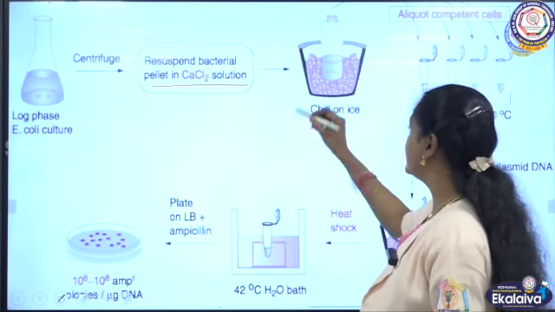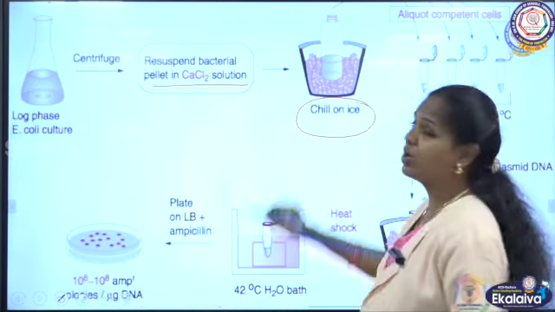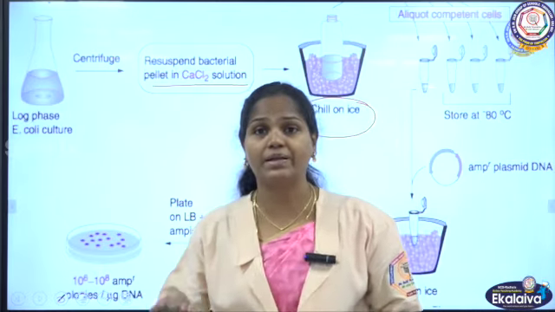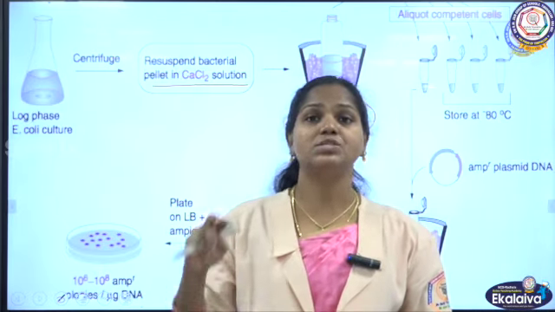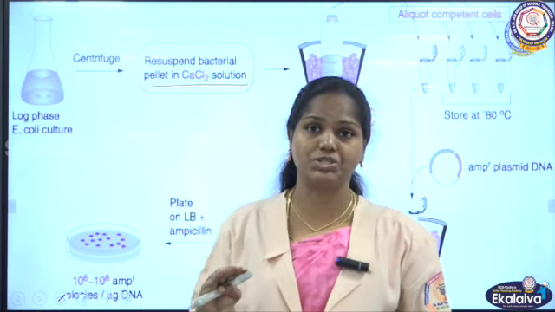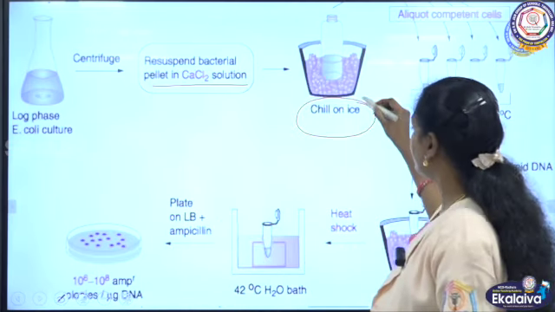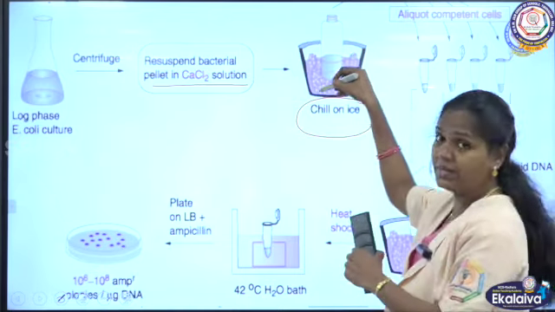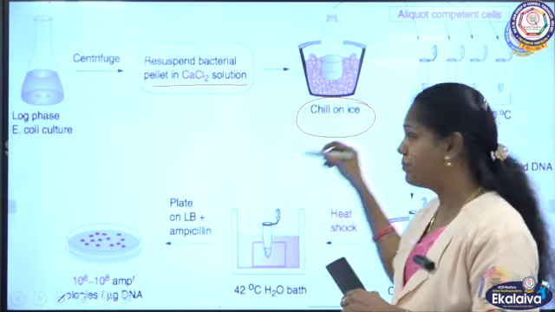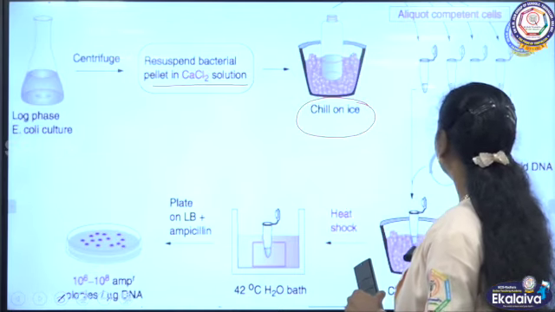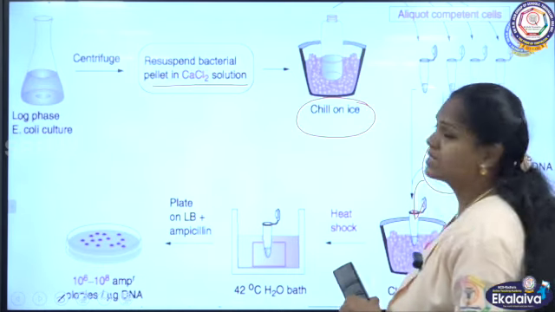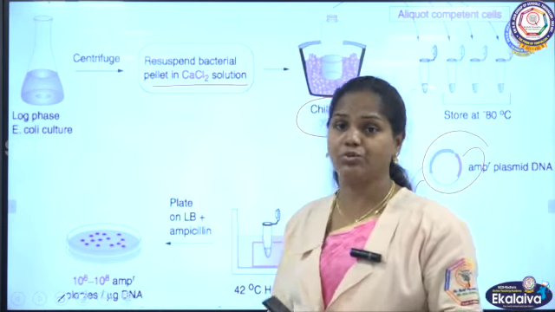Then this pellet is chilled on ice, that is, incubated at a lower temperature. At the same time, while incubating the host at that lower temperature, you can add your rDNA along with the competent host.